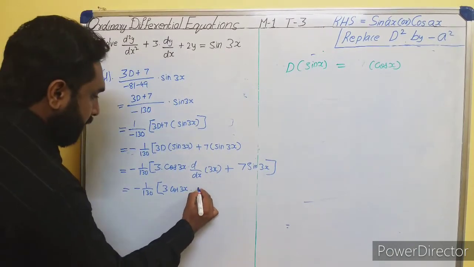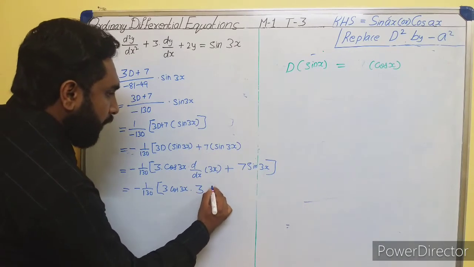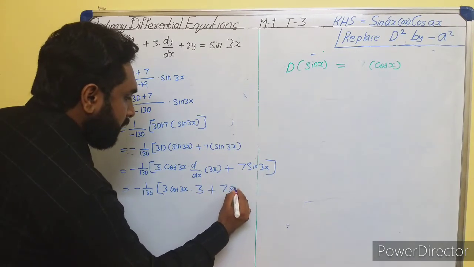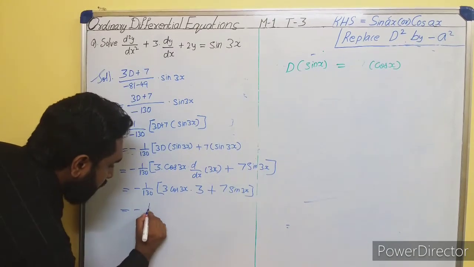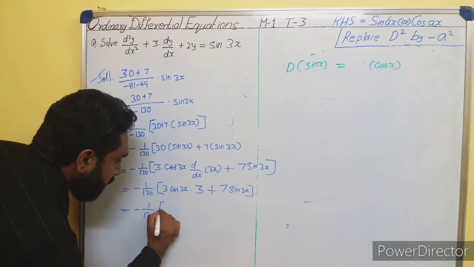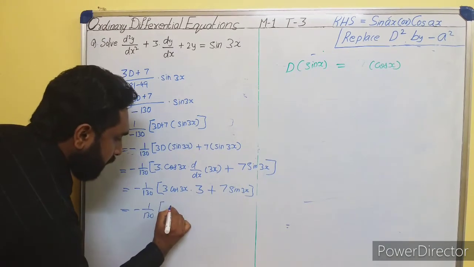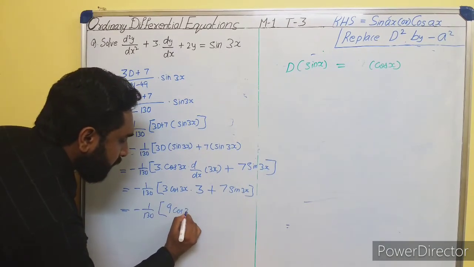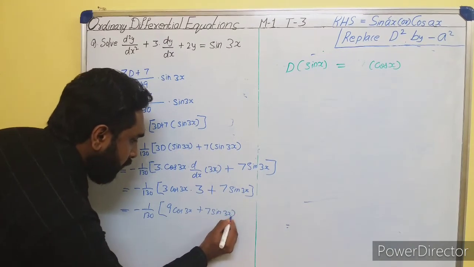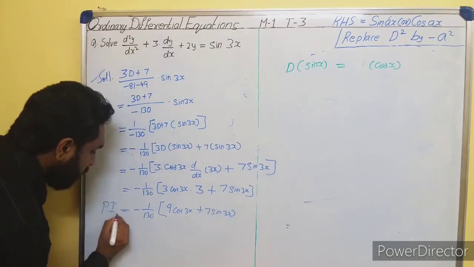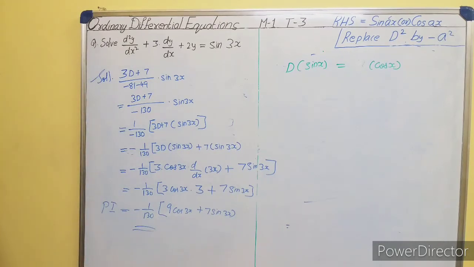That means 3, plus 7 sin 3x. That is equal to minus 1 by 130 into 3 into 3, 9, 9 cos 3x plus 7 sin 3x. So this is a particular integral for this solution.